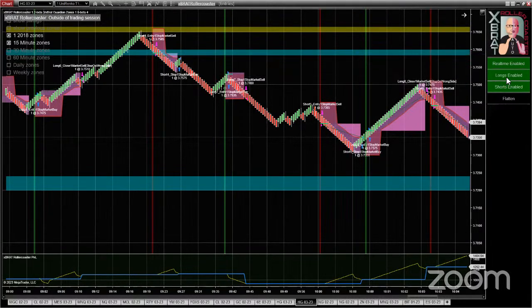So what I do is I just click and I disable the longs. Okay. So although it's an automated strategy builder and it's an automated trader, when you're scalping, you've got to have this with a roller coaster. You've got to have the guardian zones on there because they will keep you out of trouble.